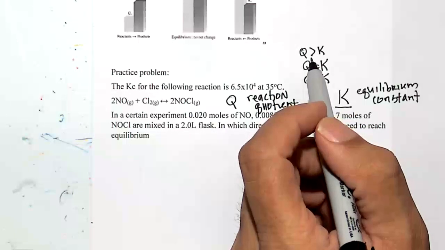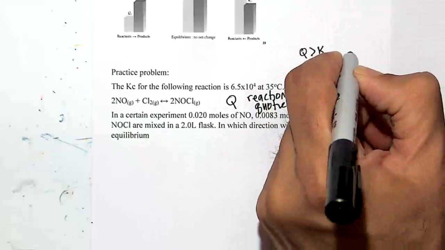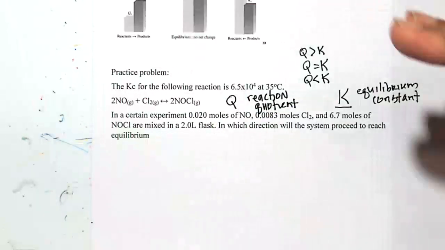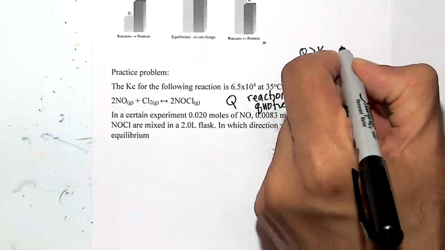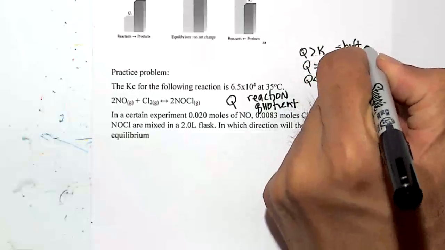So if Q is greater than K, where will the reaction go? Are we at equilibrium? No, but where will the reaction go to get to equilibrium? Okay, so not at equilibrium. We'll shift towards the reactant side.